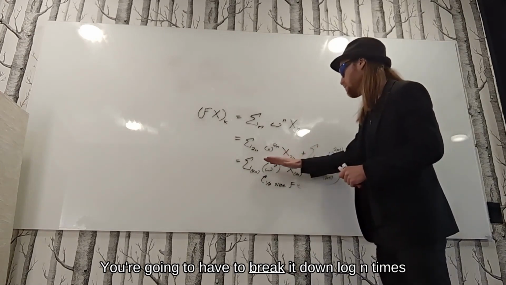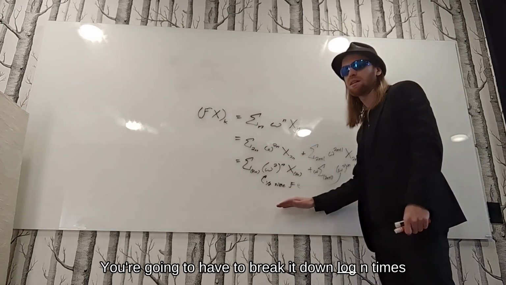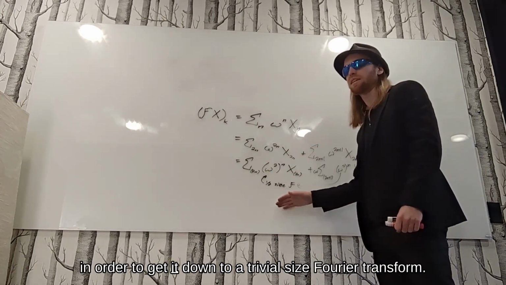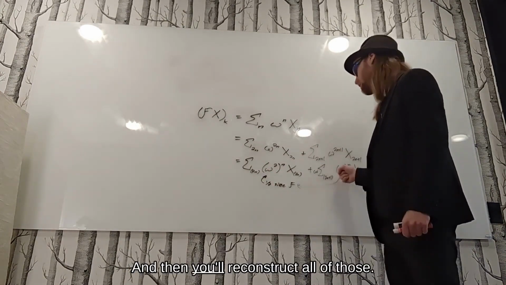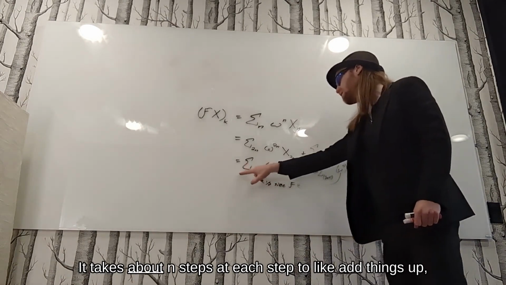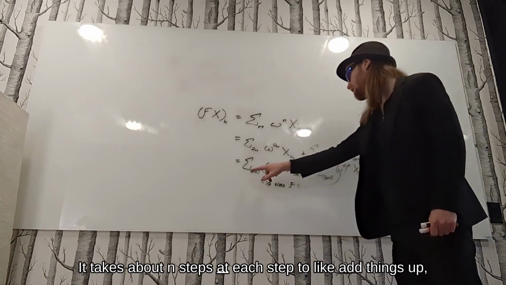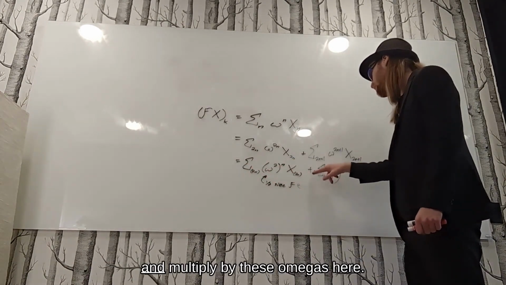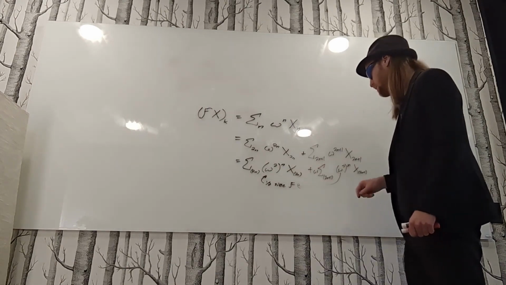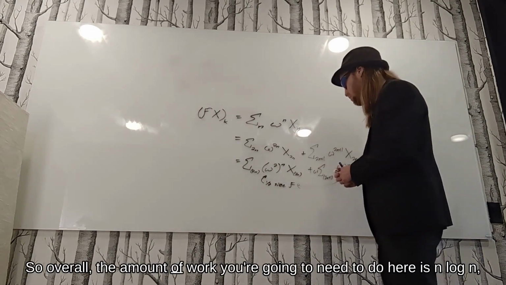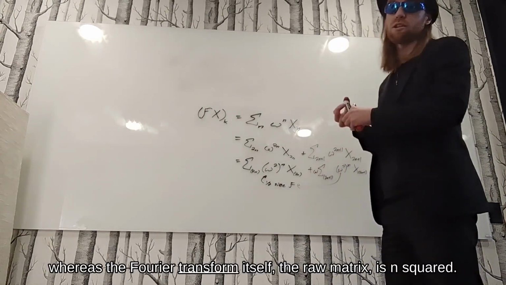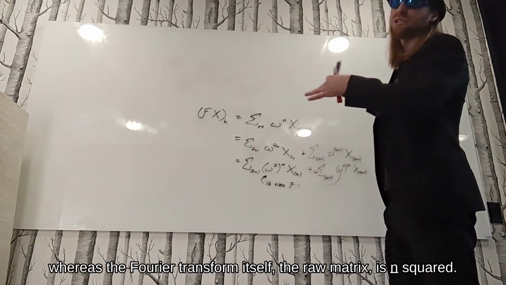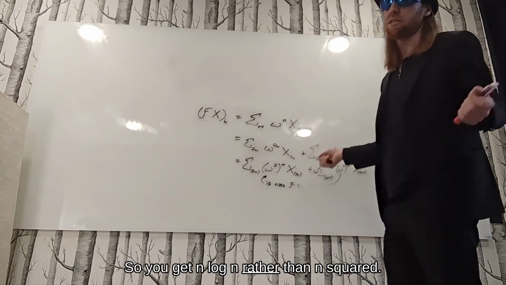You're going to have to break it down log n times in order to get it down to a trivial-sized Fourier transform, and then you'll reconstruct all of those. It takes about n steps at each level to add things up and multiply by these omegas. So overall, the amount of work you're going to need to do here is n log n, whereas the Fourier transform itself, the raw matrix, is n squared. So you get n log n rather than n squared.